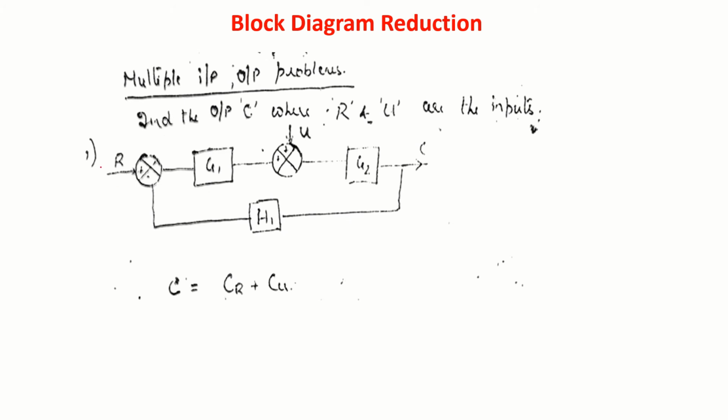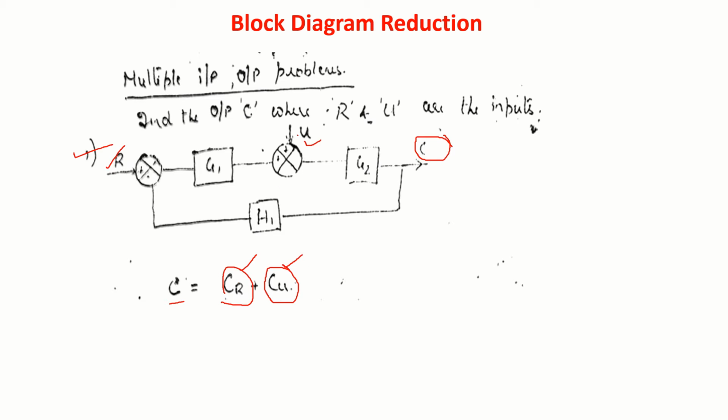So there are systems with multiple inputs. R is an input, U is an input. How do we solve such examples? Total output is C. Output C is output due to input R plus output due to input U. Then we'll find CR separately and CU separately.